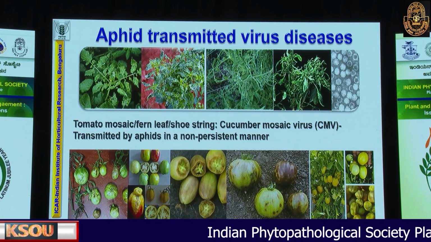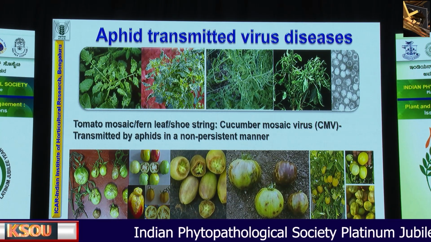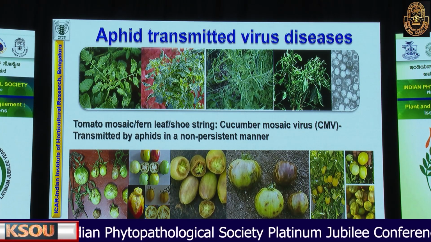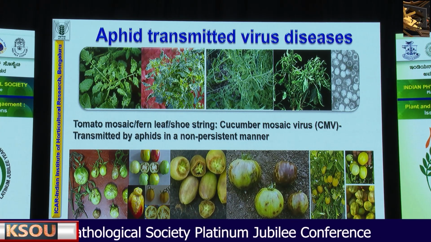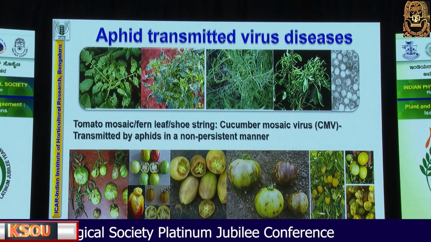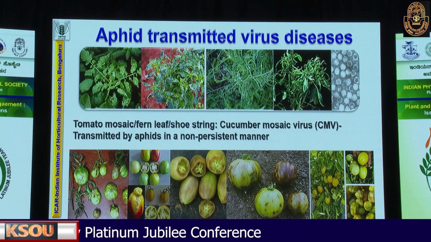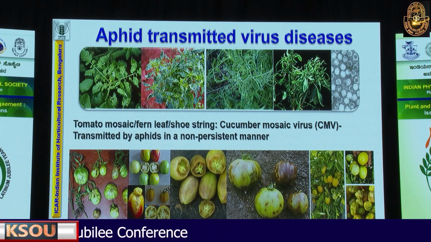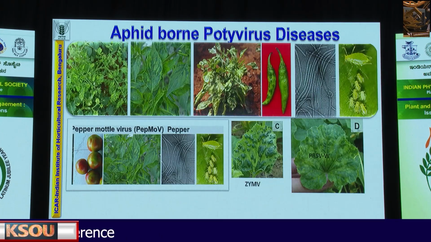Among the aphid-transmitted viruses, cucumber mosaic virus, earlier considered less important in solanaceous vegetables, is currently becoming serious in Asia and also in some parts of Europe, and its behavior has changed. Earlier it expressed symptoms on the top of the plant, but currently it expresses in the fruits but not in the plant, leading to total marketable yield loss.